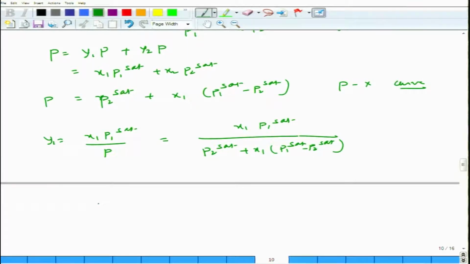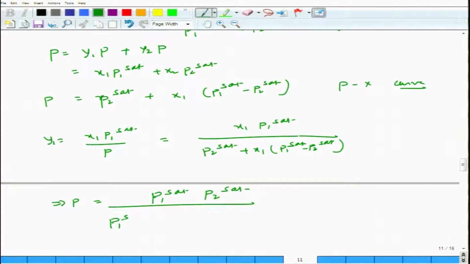If you rearrange this, P can be shown as P1 sat P2 sat divided by P1 sat plus y1 (P2 sat minus P1 sat).